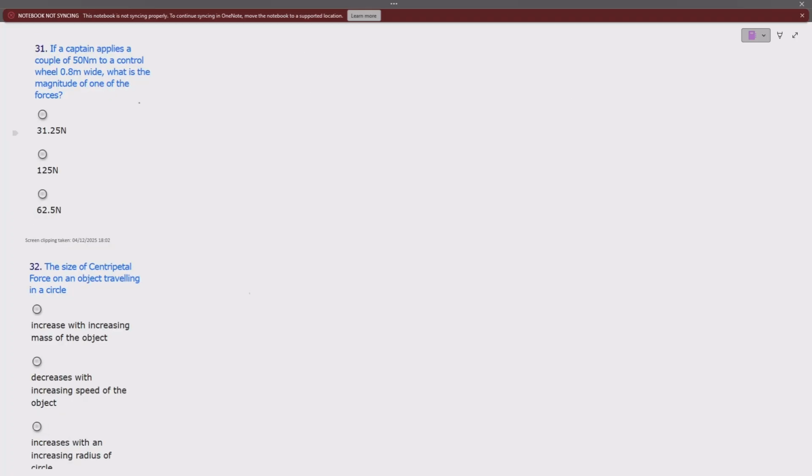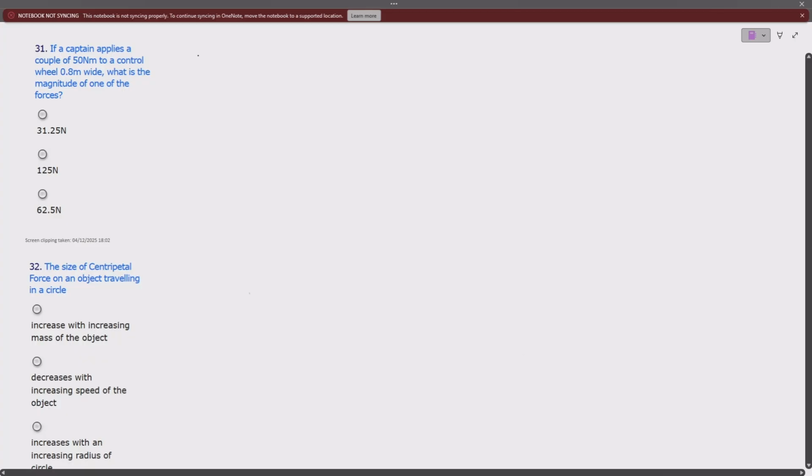Question 31. If a captain applies a couple of 50 Newton meters to a control wheel 0.8 meter wide, what is the magnitude of one of the forces? So you have been given the torque or the couple, that is 50 Newton meters.